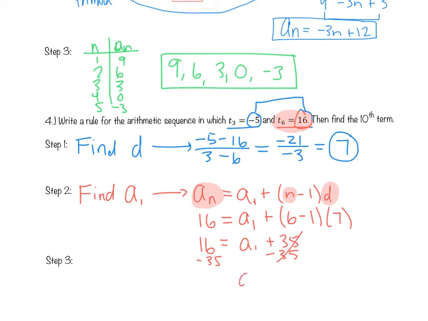So I get that a sub 1 equals negative 19. Okay, and so now I have everything I need. I have my a sub 1. I have my value of d. So the last step is going to be now to write the formula.